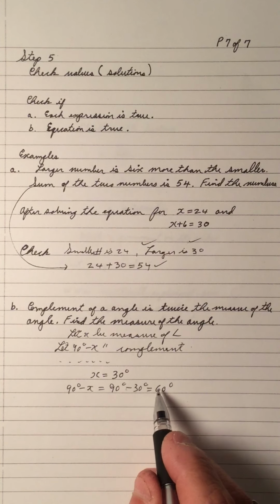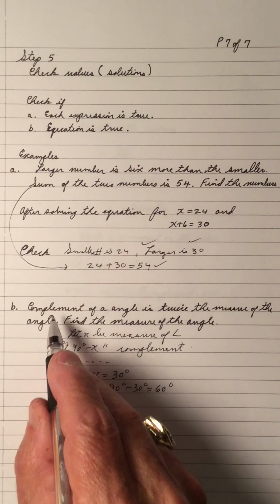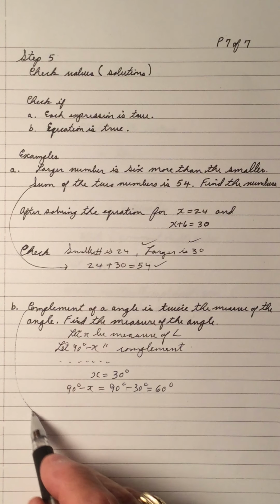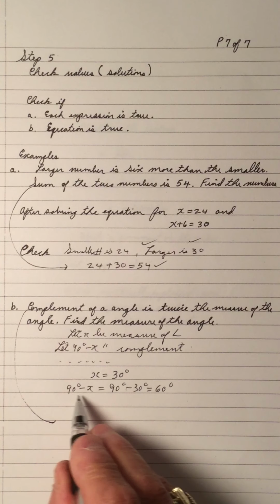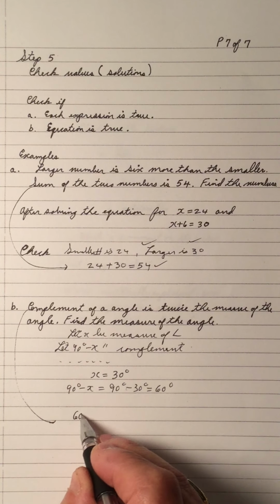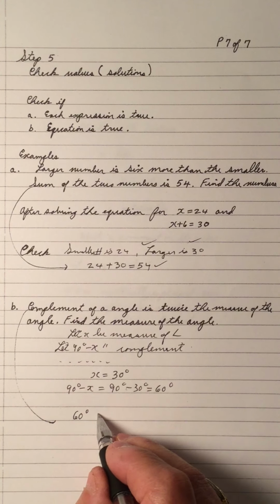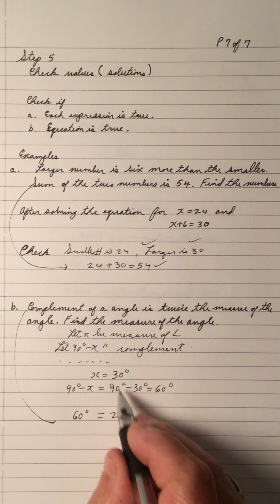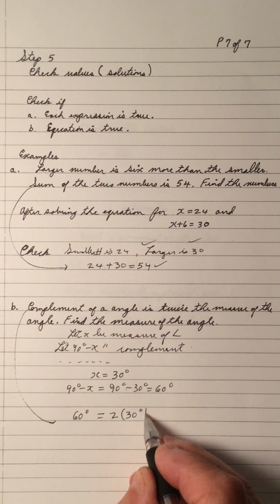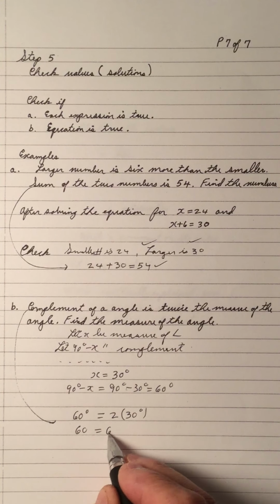Yes, they add up to 90, but we have to check in the sentence. This is the sentence we're going to check. The complement of an angle is 60. So 60 is twice the measure. Twice the measure of the angle is 30. So 60 equals 60.